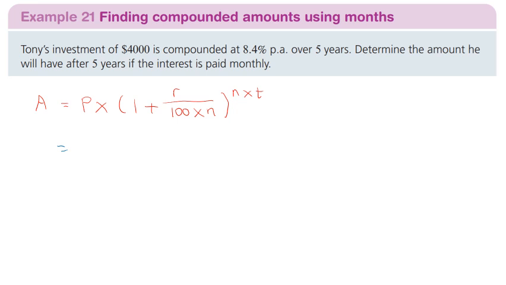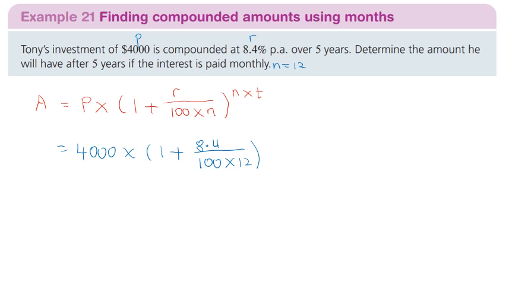Principal is the starting amount, so that's 4,000, times 1 plus R, which is 8.4%, over 100 times N. N is how many times it's compounded, which it tells us here is monthly. So N equals 12.